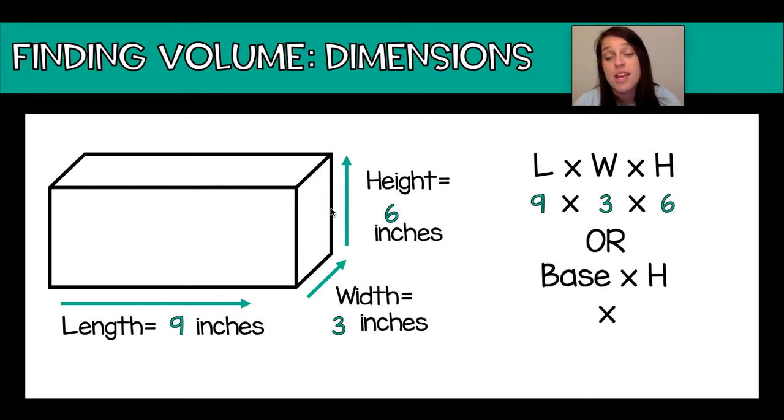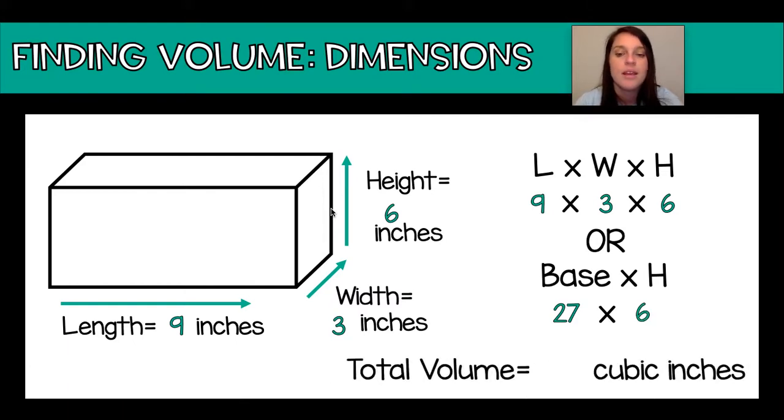Well, 9 times 3 is 27. And we're going to multiply that by the height, or how many layers there were, 6. This gives you a total volume of 162 cubic inches. Once again, it's not square inches, it's not regular inches, it's cubic inches. We are finding the dimensions of 3 parts: length, width, and height. That's why we call it cubic inches.